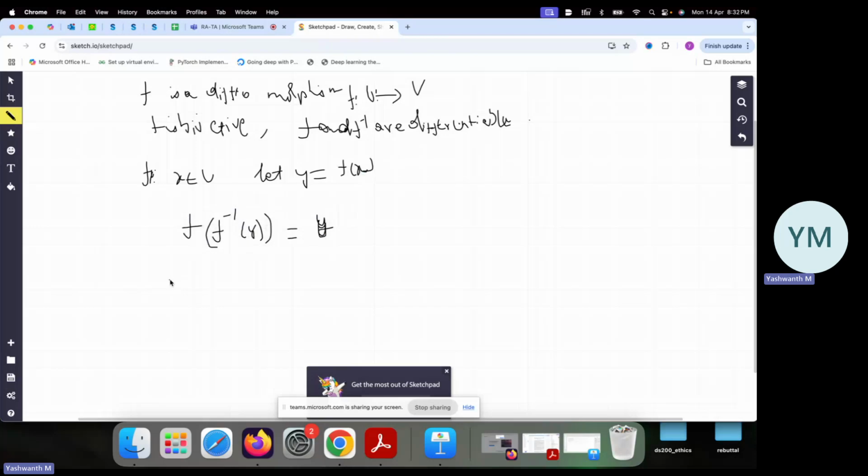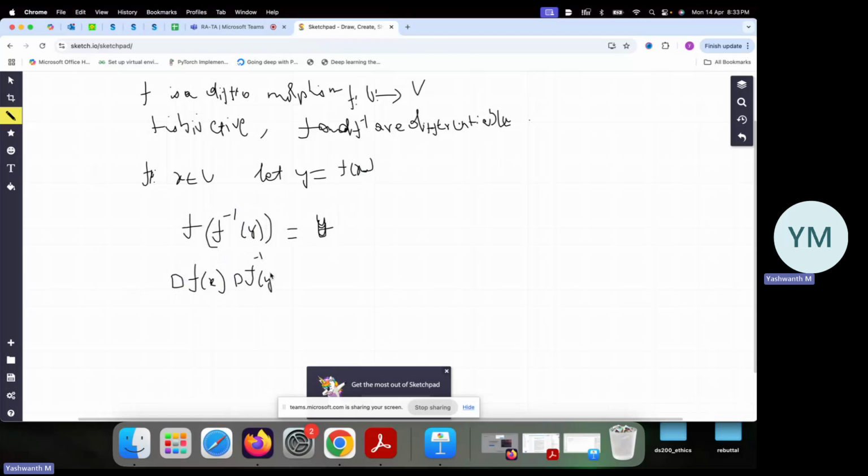So we get the differentiation of F of x, where x is F inverse of y, and the differentiation of F inverse of y.